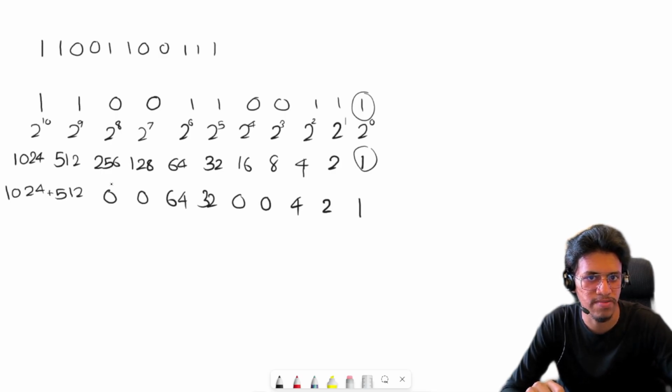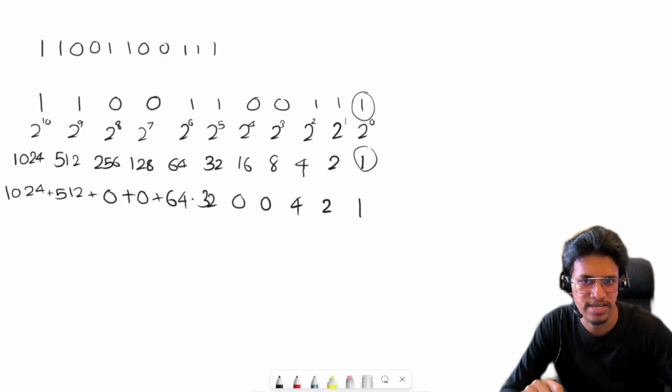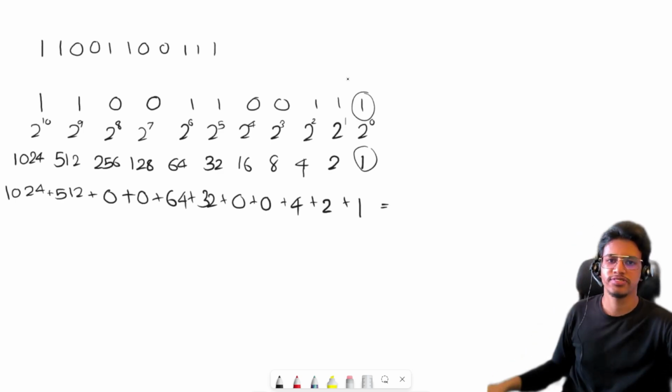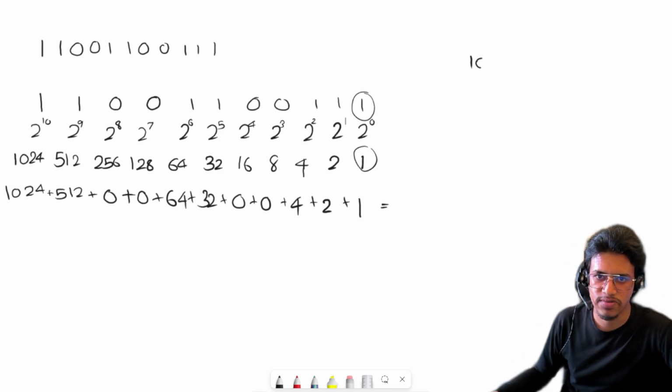Now, to get the denary value of this, we need to add these together, right? So, 1024, 512, 64, 32, 4, 2, 1.